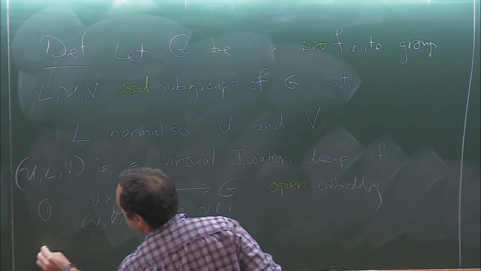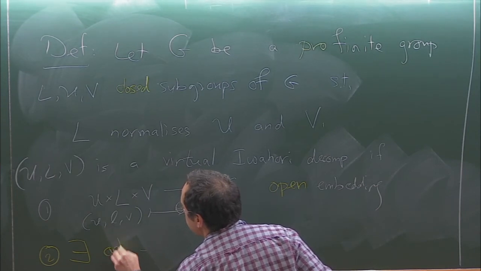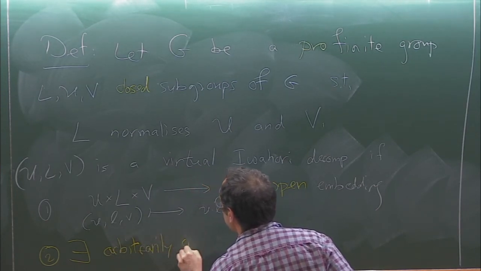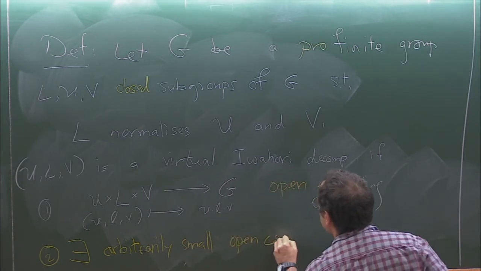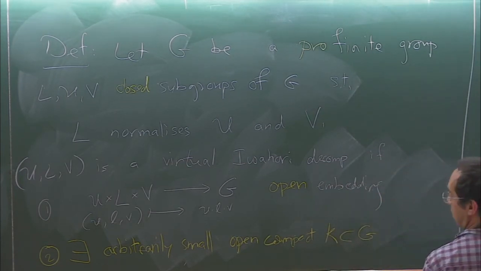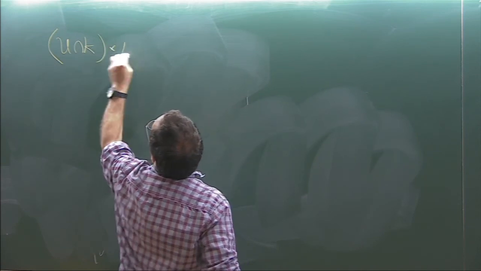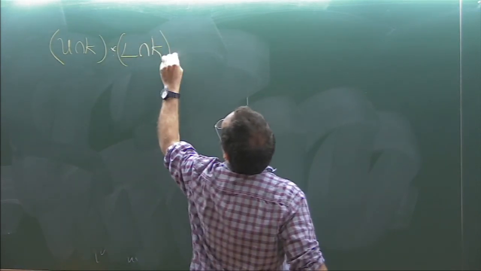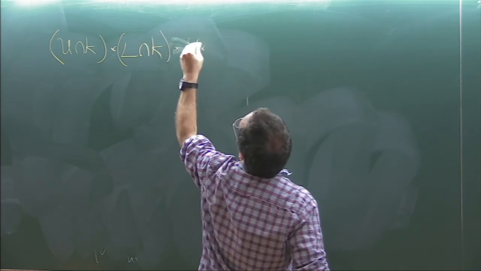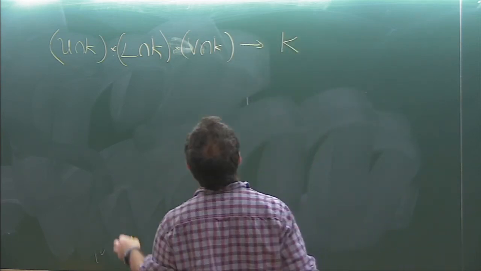And the second thing, which we do not see at all in the finite case, there exist arbitrarily small open compact K in G, such that if we restrict this product map to the intersections, so we look at U intersection with K, and then L intersection with K, then V intersection with K, and we map it to K, again by the multiplication, by the product map, then this is a homeomorphism.